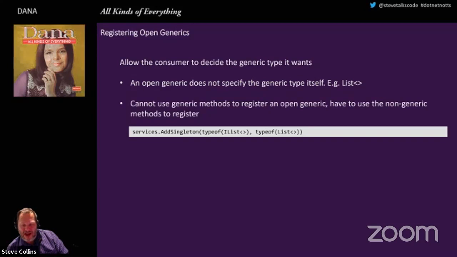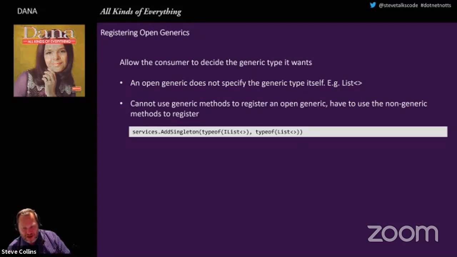So in the example that I had prepared, it would take them and then spit out the string versions of their names for you. What you can do is register an open generic. So in this example, I've got IList, I've got my brackets, but with no T or TR or what have you. I don't say what it is.